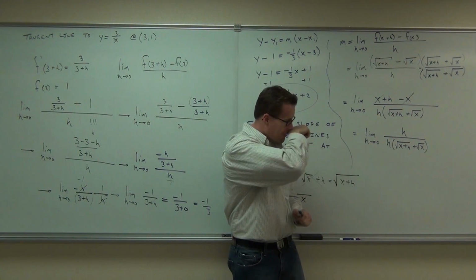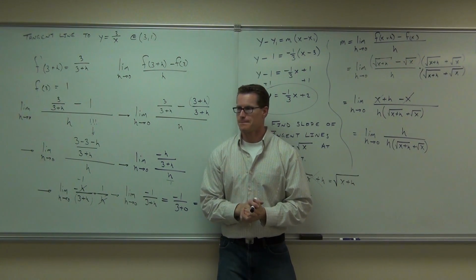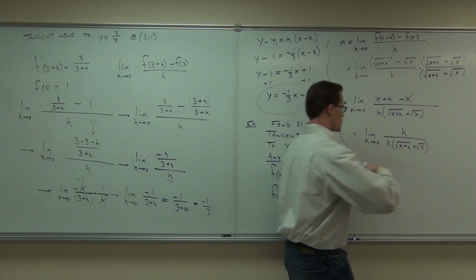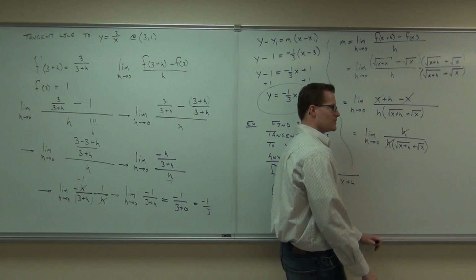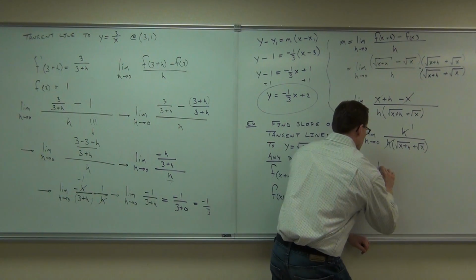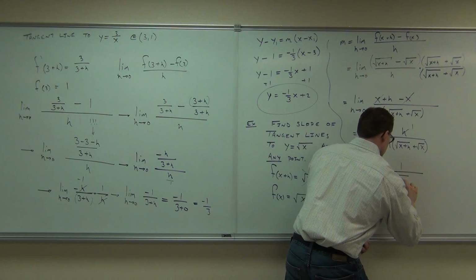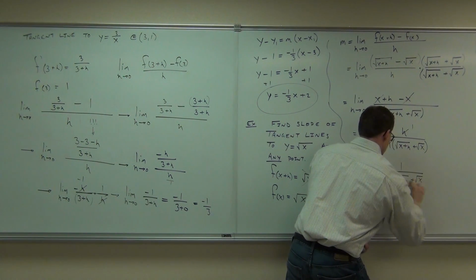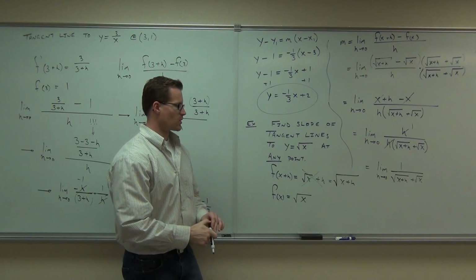What happens now? H's, sure. Do you have anything left on the numerator? One. Look at that. So we have now a limit as h goes to 0.